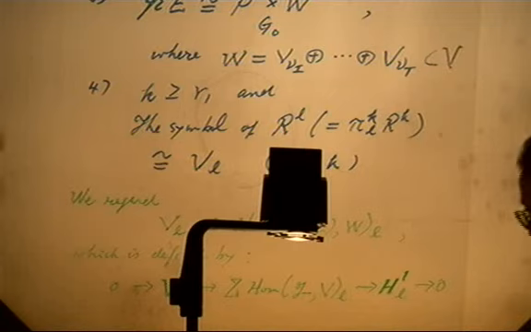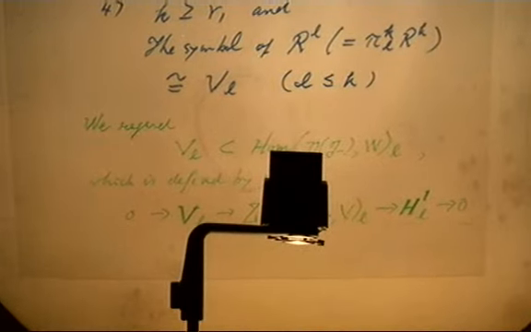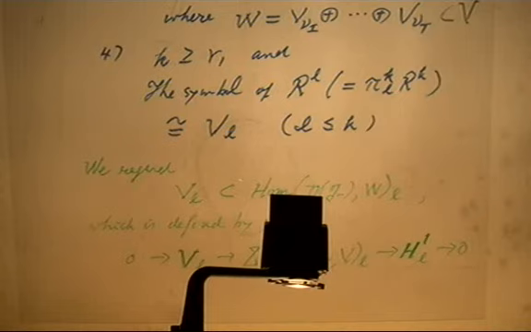So to say that VL is the symbol type, in some sense we regard VL as contained in these spaces. This is already some algebraic abstraction of the symbol.